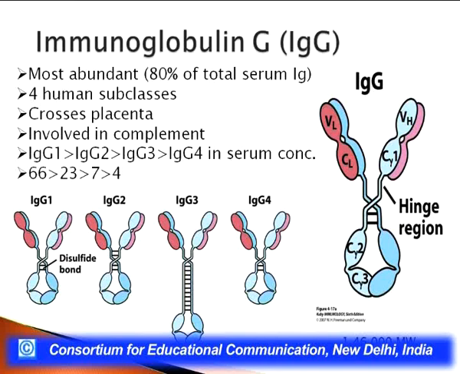As you can see in the structure, the molecular weight of IgG3 is the largest because of the bigger heavy chain constant region. The concentration at which these subtypes of immunoglobulin G are present is almost 66% of IgG1, 23% of IgG2, 7% of IgG3 and the rest, 4%, IgG4.